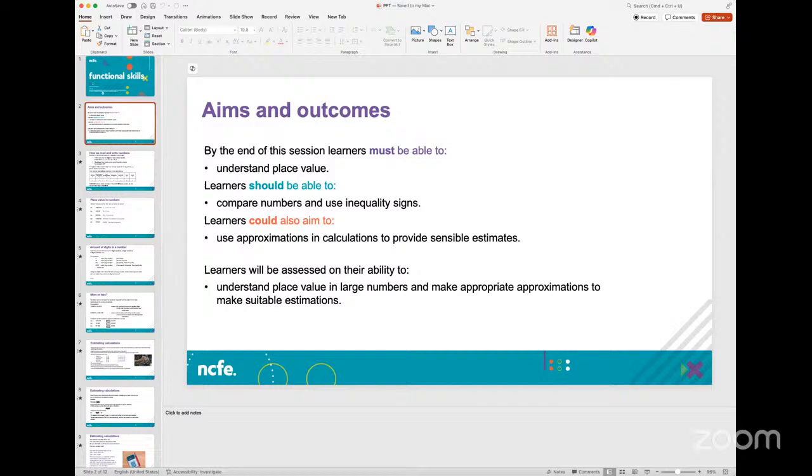Estimation, or an estimate, is an approximate calculation or value of a product, quantity or service. We use this on a daily basis to make decisions in business, in finance, in statistics, in any field that we work in. Now, what is estimation in mathematics?